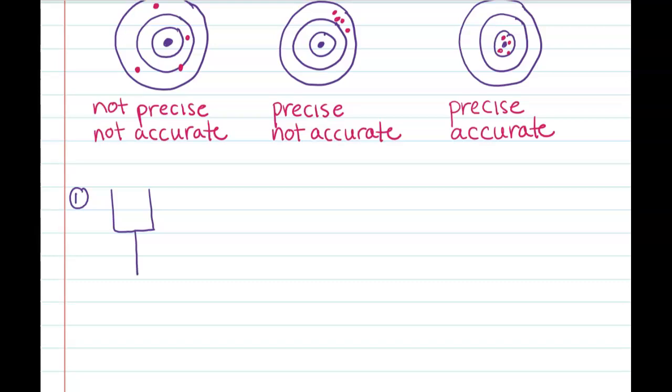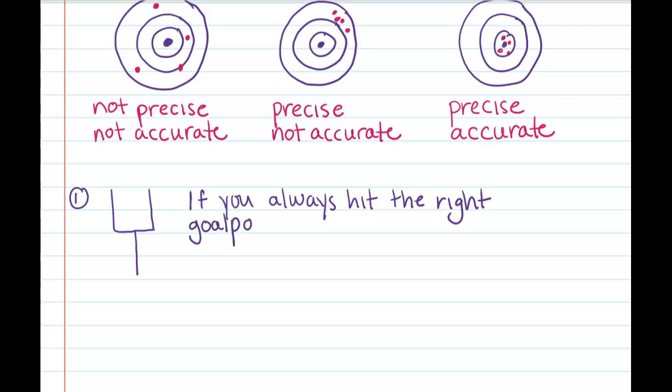Okay, so if you always hit the right goalpost when you're trying to kick your field goal, you're pretty precise because you're always hitting right over here. You're precise, but you're not getting your field goal, so you're not accurate.